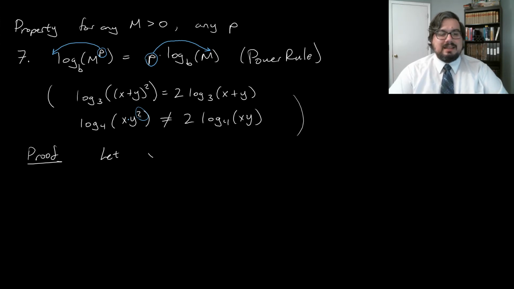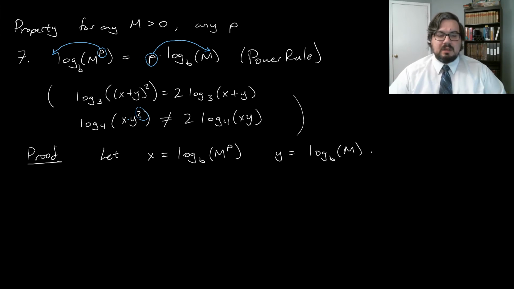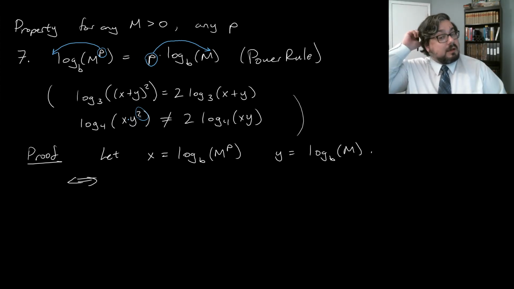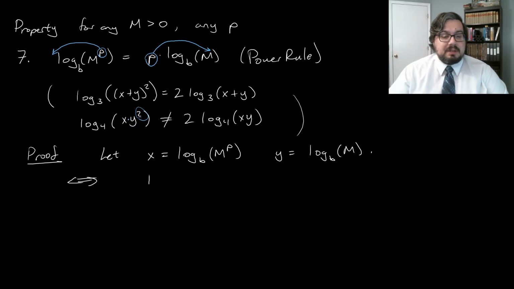Let's let x equal log base b of m to the p. Let's let y equal log base b of m. Now, again, exchanging those for their exponential forms, that means that b to the x is equal to m to the p, and b to the y is equal to m.